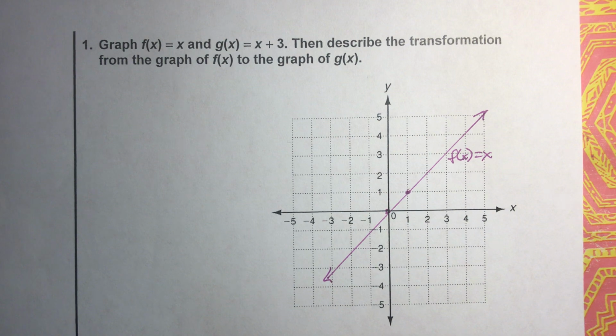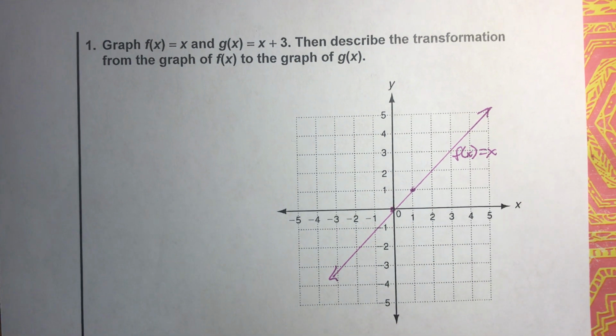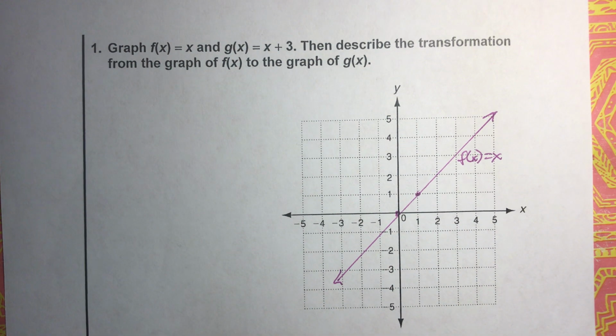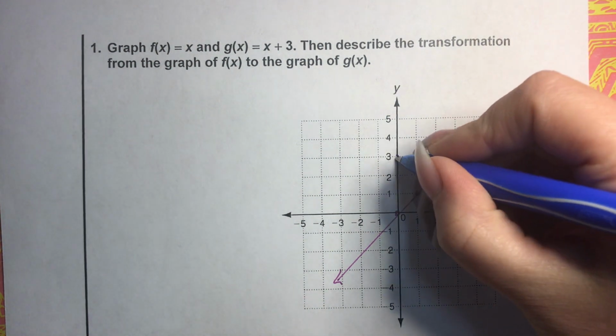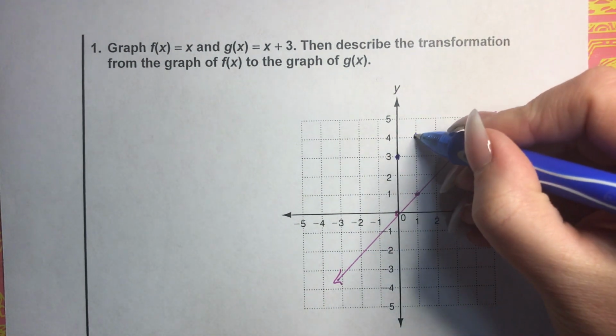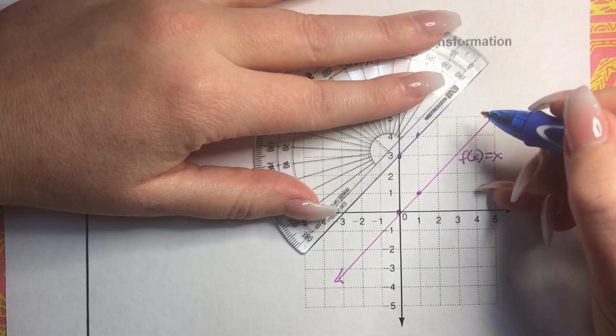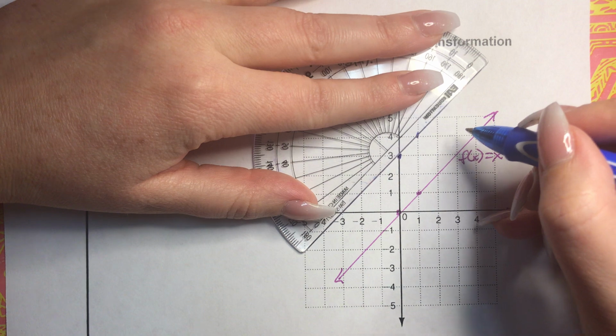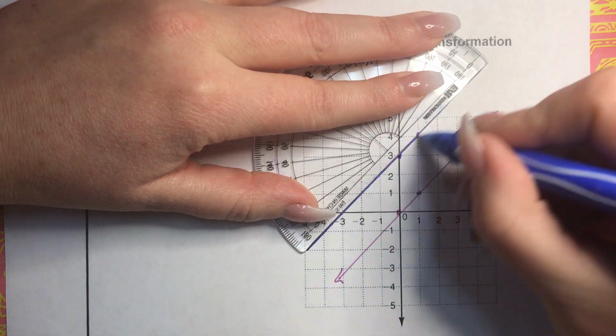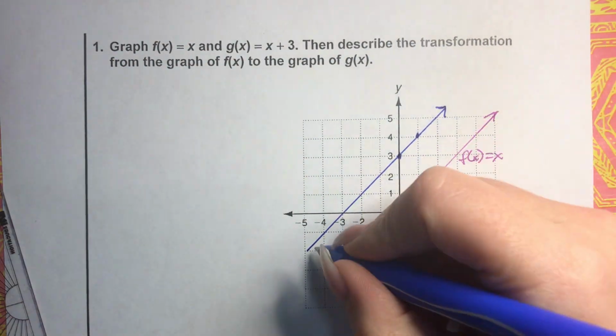And then I'm going to graph g of x, which is the y-intercept is plus 3, and then the slope is up 1 over 1. Okay, so this is my g of x.